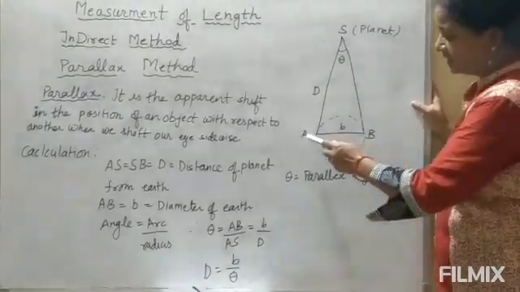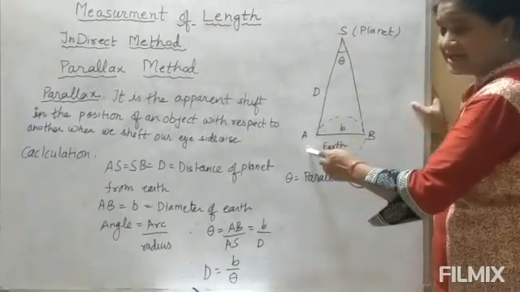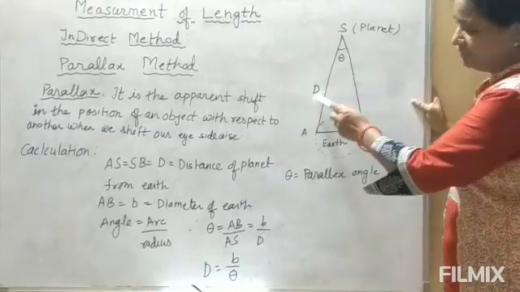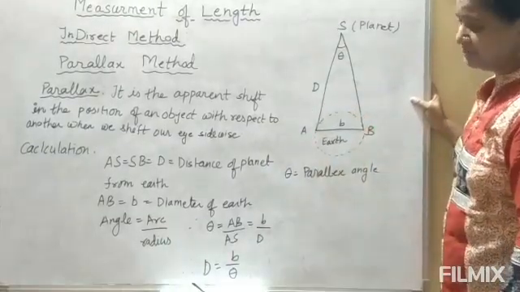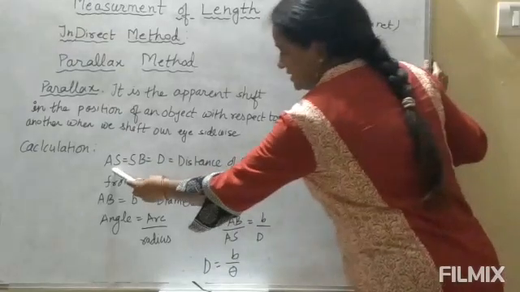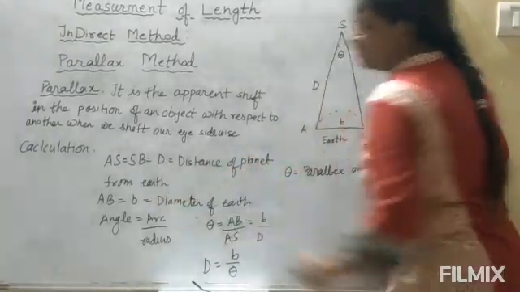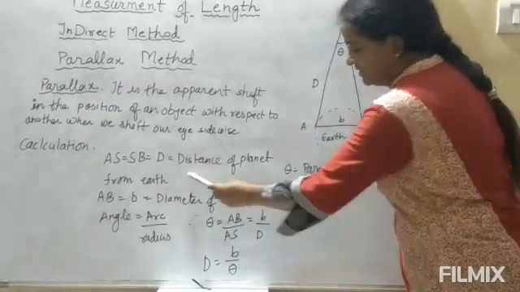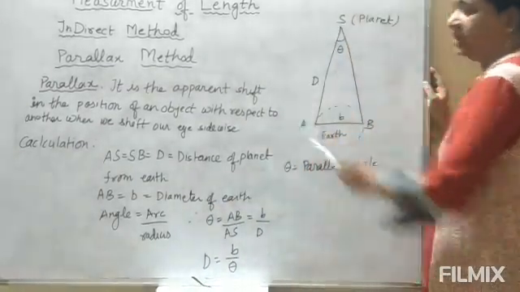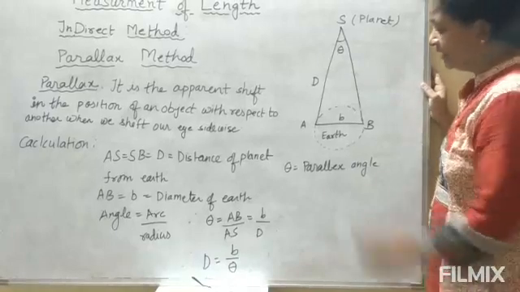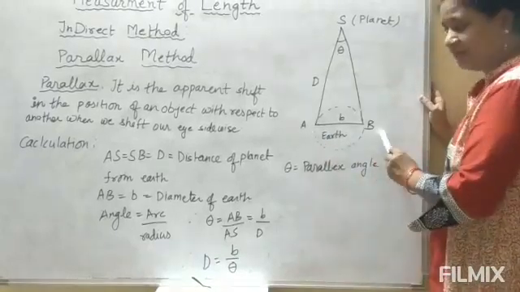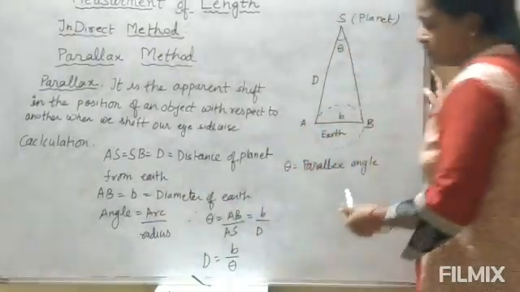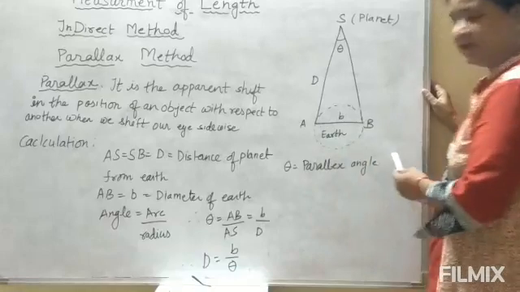Suppose AS and SB both are equal, and that we will consider here by S. So AS is equal to SB, that is equal to D, and D will be equal to the distance of a planet from the earth. Then here AB is the diameter of the earth and we will represent it by the small b. So AB will be the diameter of the earth.